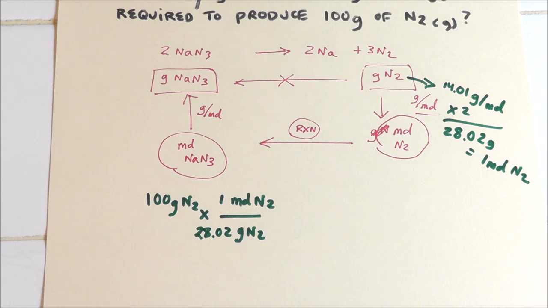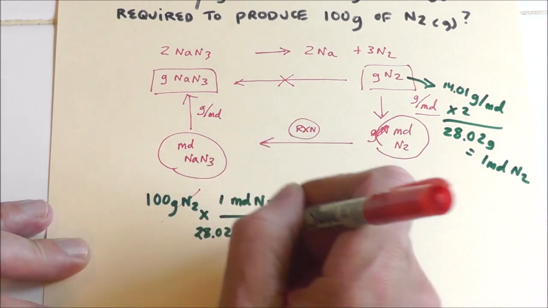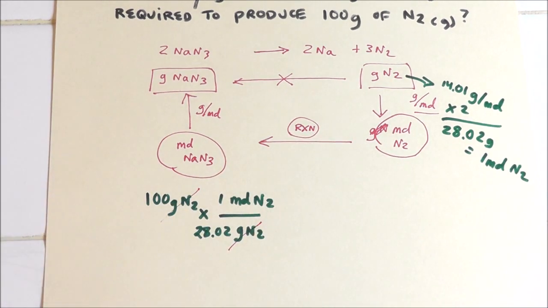And after this particular step, I am now in units of moles of N2. And that's not what they asked for. They want grams of NaN3. And so I'm going to go ahead and do that.